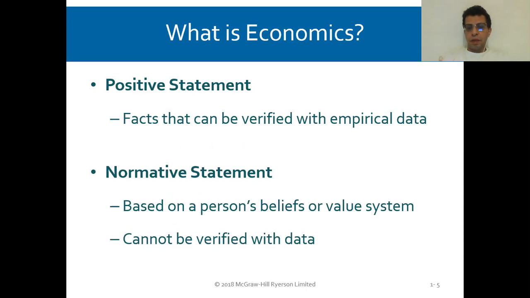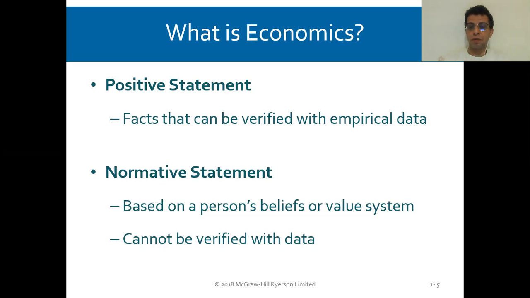What is economics? Well, there are two parts to how we put the statement. The positive statement is facts that can be verified with empirical data. It means that, say, at 9 o'clock in the morning there is sunshine or daytime. That's very positive.